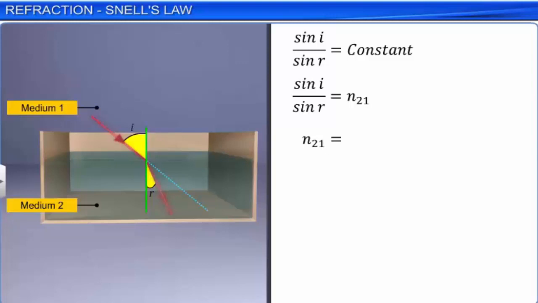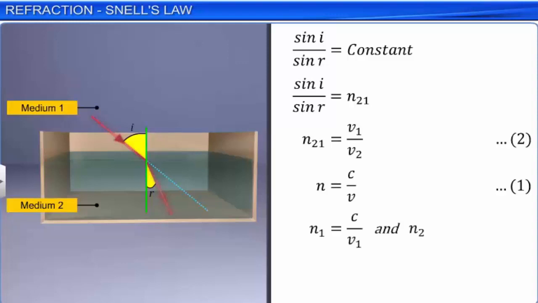By using equation 1, we can write n1 is equal to c by v1 and n2 is equal to c by v2. Therefore, v1 by v2 is equal to n2 by n1. Using equation 2, n21 is equal to v1 by v2, which is equal to n2 by n1.